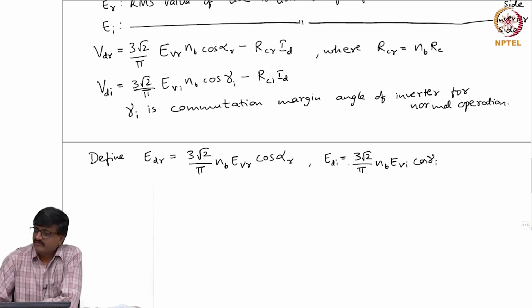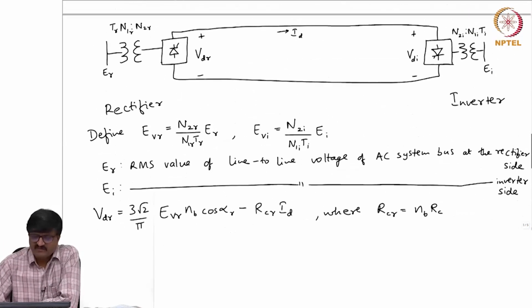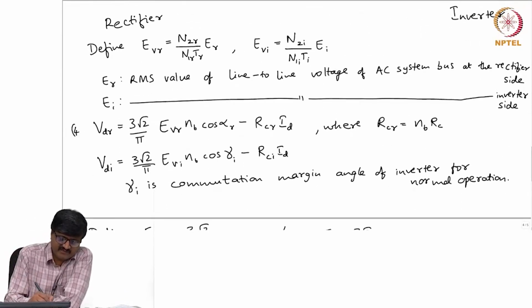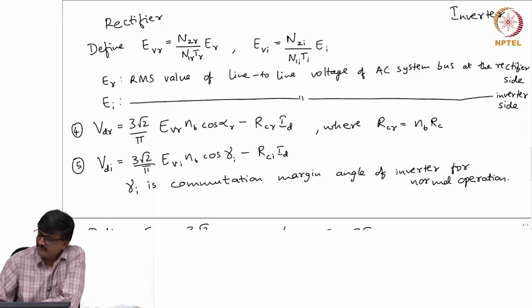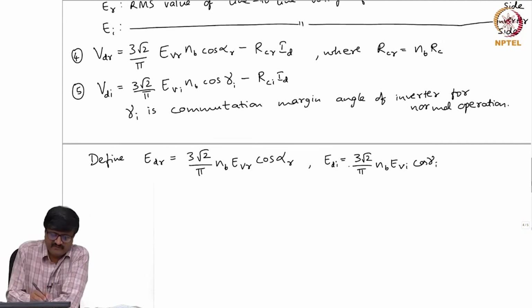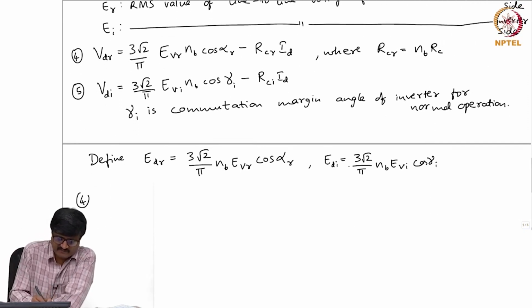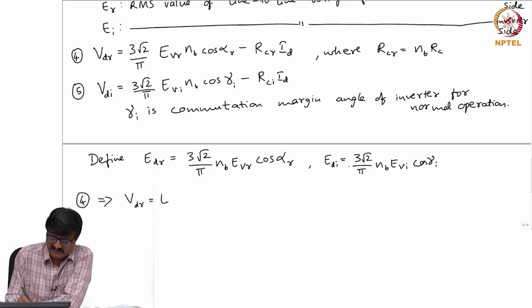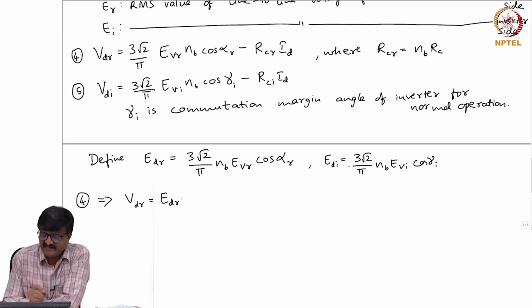If you look at the two equations, equation number 4 and equation number 5, 4 can be written as VDR equal to the first term on the right hand side, which is now the definition EDR.